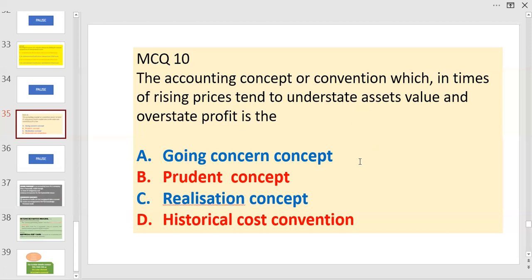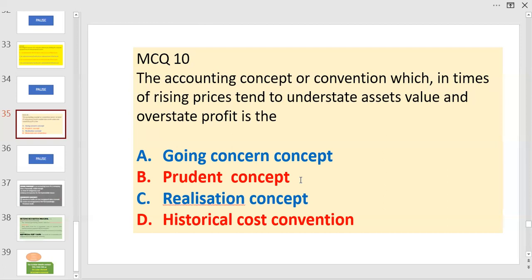Now we'll go back to the question. Is it a going concern concept? No, going concern concept is talking about the continuity of the business. Prudent concept is your assumption. You take income after it is realized, expenses or losses as you see. At the first occasion, you will write it off.